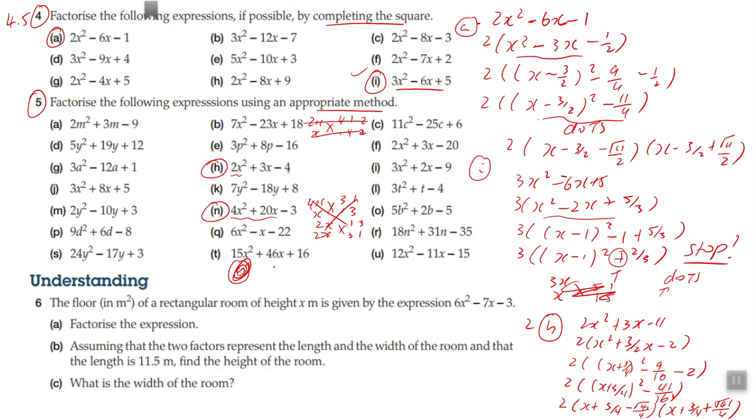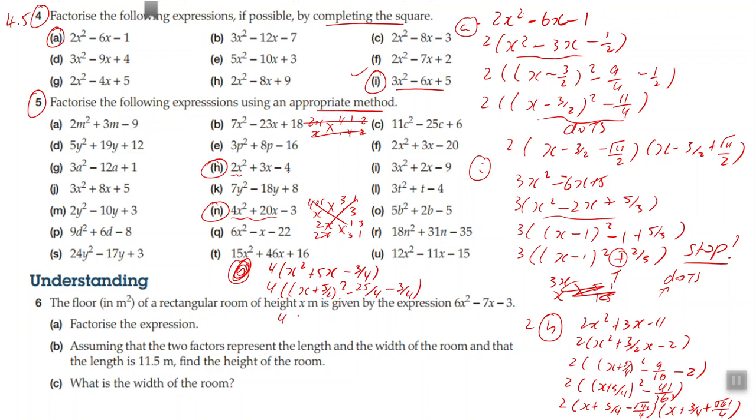First step is I want to take the factor 4 out. So I've got 4 brackets, x squared plus 5x minus 3 over 4. I do the scaffold. So we've got x, half of 5 is 5 over 2. 5 over 2 squared is 25 over 4, and we're subtracting 3 over 4. The fractions are good because we've got something that's nice.